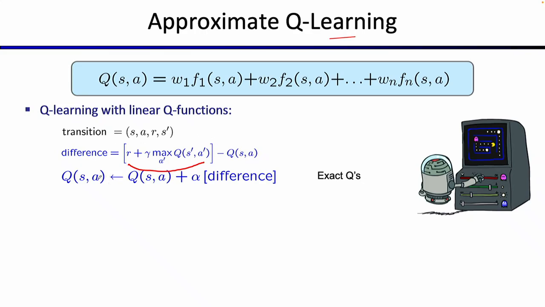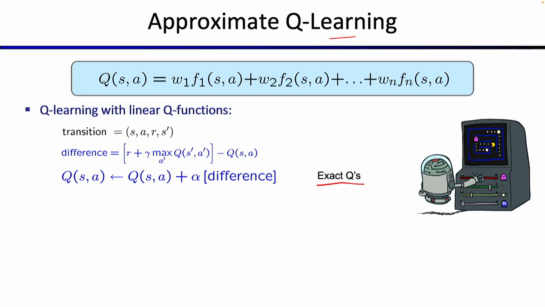And we saw that we would update this Q value by the learning rate times this difference. So this is just the exact Q-learning algorithm and update. This is what we've seen before.